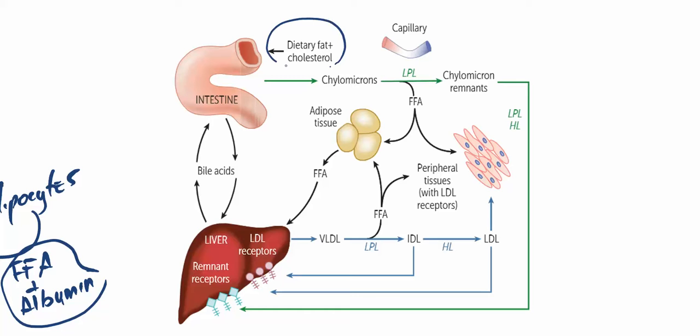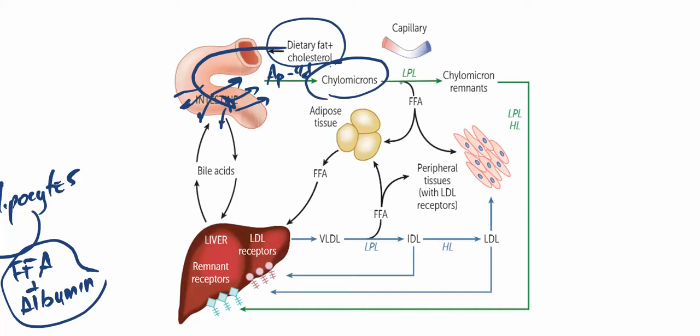So dietary fat and cholesterol moves through the intestine. It's taken up by the enterocytes in the intestine. Once this gets into the cells, it's joined to apoprotein 48. You get your chylomicron. Chylomicron moves through circulation. You use lipoprotein lipase to release the free fatty acid, and the free fatty acid goes to your adipocyte, and you get your chylomicron remnant.